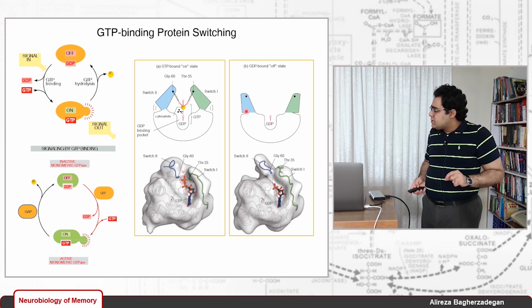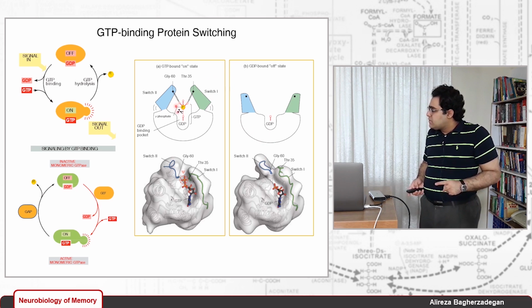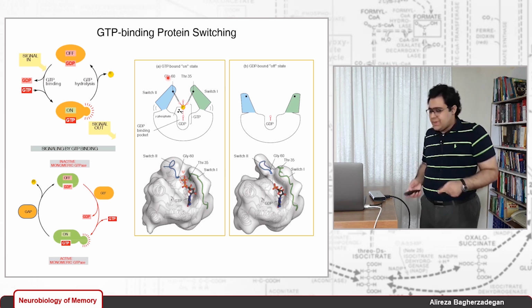You see that these two switches are no longer in this active position. They are no longer held by these two bonds. So that's why that one single phosphate causes a G protein to be active.